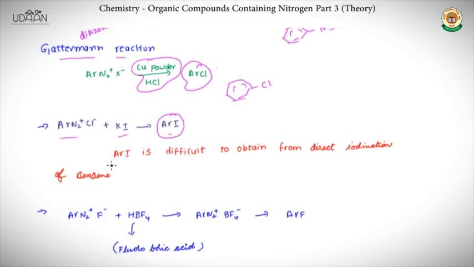Now, regarding this ArI, if you observe, it is not so easy to prepare ArI with direct iodination of benzene. This is because iodine is large in size, and so attack on the benzene ring is not favorable for it because the carbon atom has small size.